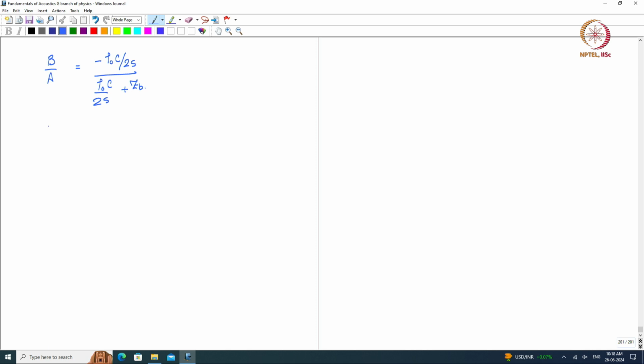Okay. And the pressure P2 by A in the pipe going straight down is found from what? A plus B is equal to P2. So, that P2 by A is 1 plus B by A. Okay.